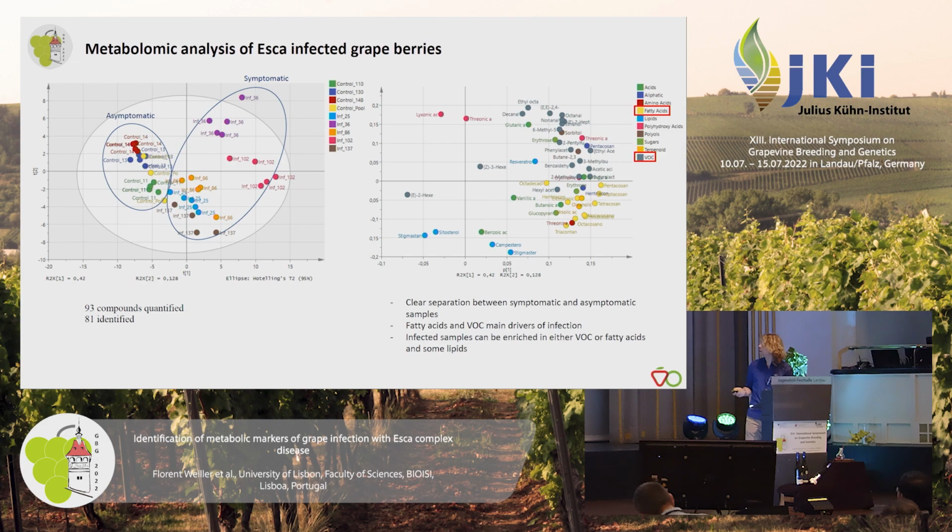Looking at the different variables, or in our case the metabolites that drive the separation, here you can see the loadings, trimmed of the unknown compounds, which were hidden. The main drivers that seem to separate the symptomatic from the asymptomatic samples were coming from two classes: the fatty acids and the volatile organic compounds.